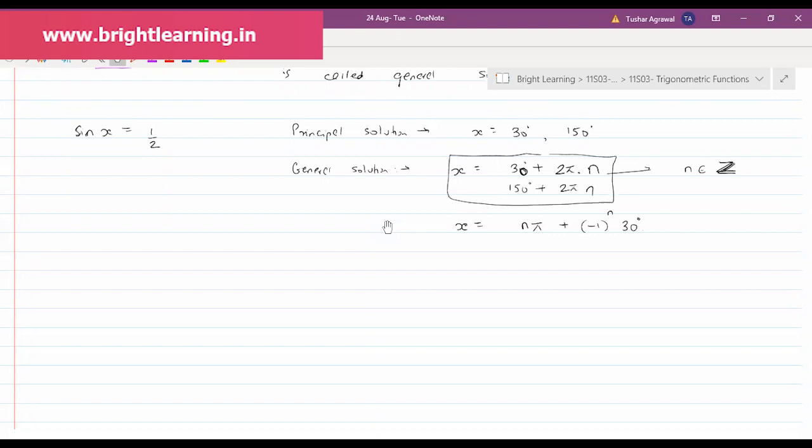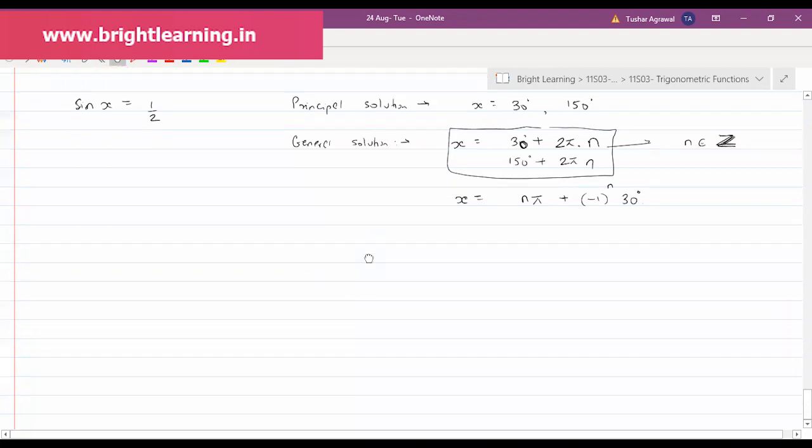If you are able to imagine the rotation of the ray, then you don't have to memorize the relation between added angles, the sine, cos, tan, all those things. Here also, if you want to solve these trigonometric ratios, like sin x equal to sin, if you understand the rotation, then you will not have to memorize the general solution of these equations. I will give you that trick. I will let you know.